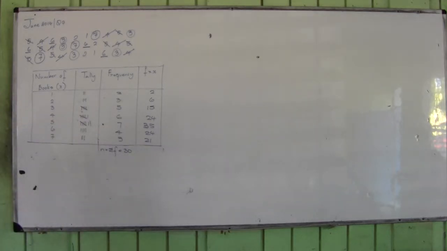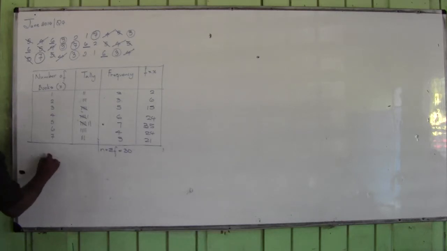B says, state the modal number of books in the bags of the sample of students.